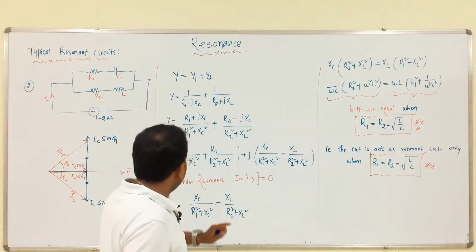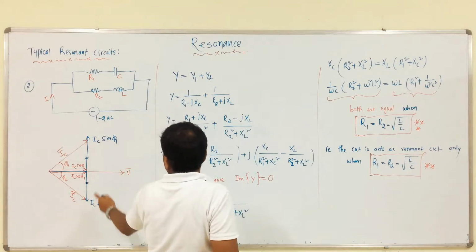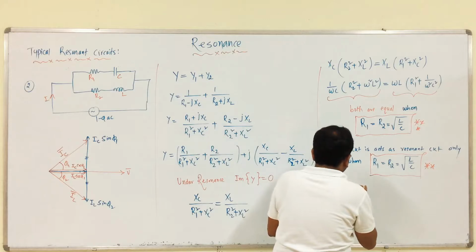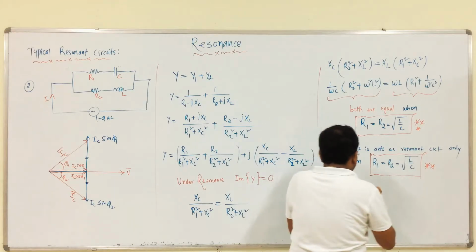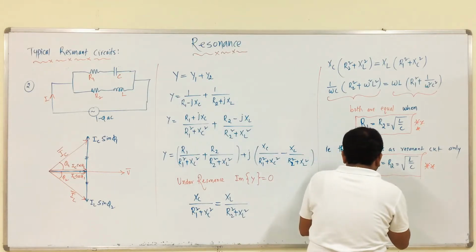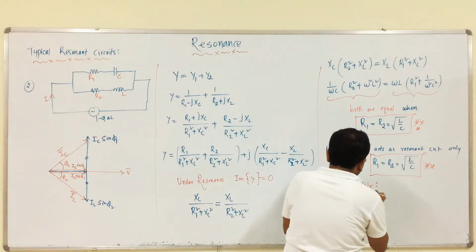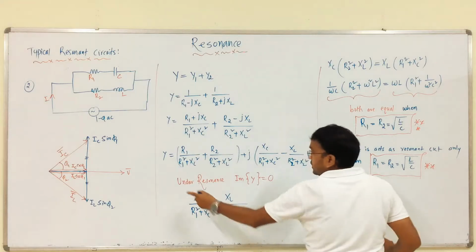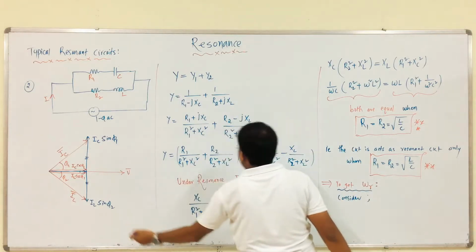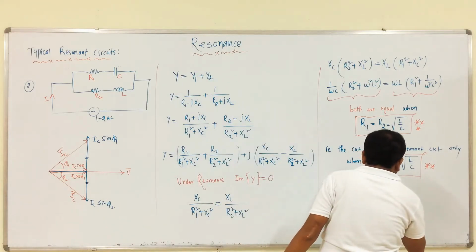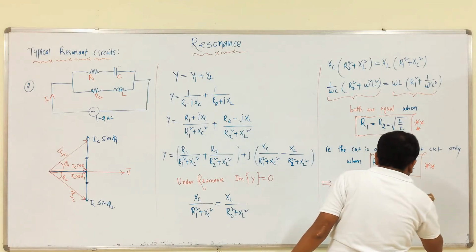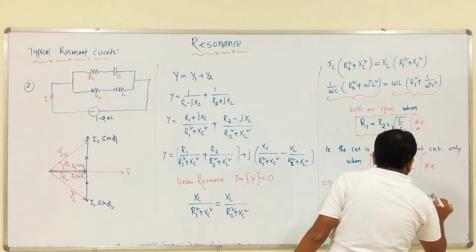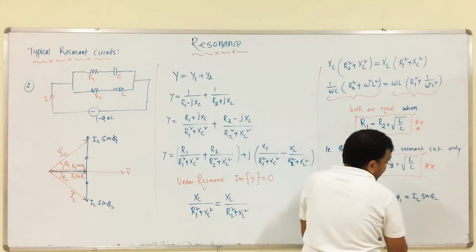And we all know that IC sin phi 1 is equal to IL sin phi 2. That is, to get the resonant frequency, consider this part should be equal to this part, right? IC sin phi 1 is equal to IL sin phi 2. Then after, you just have to do this mathematical part.